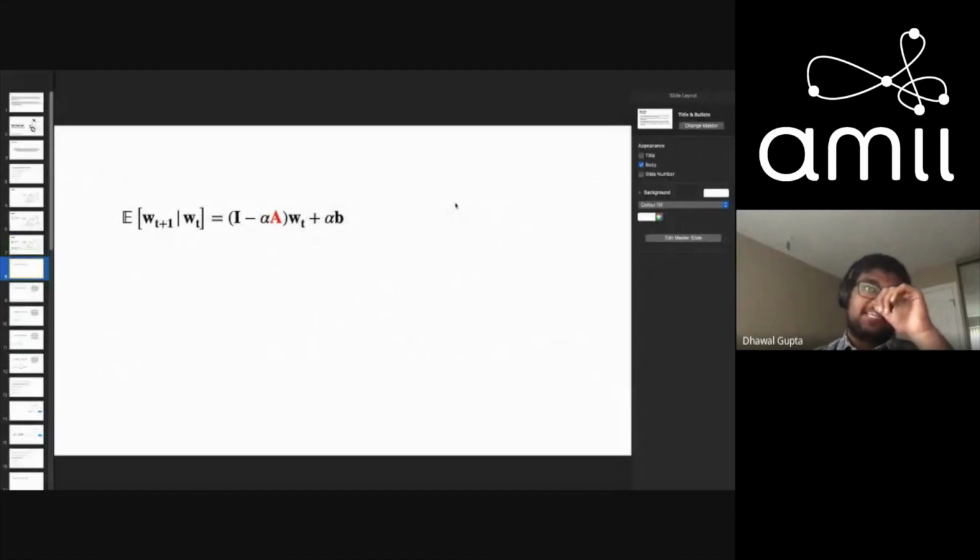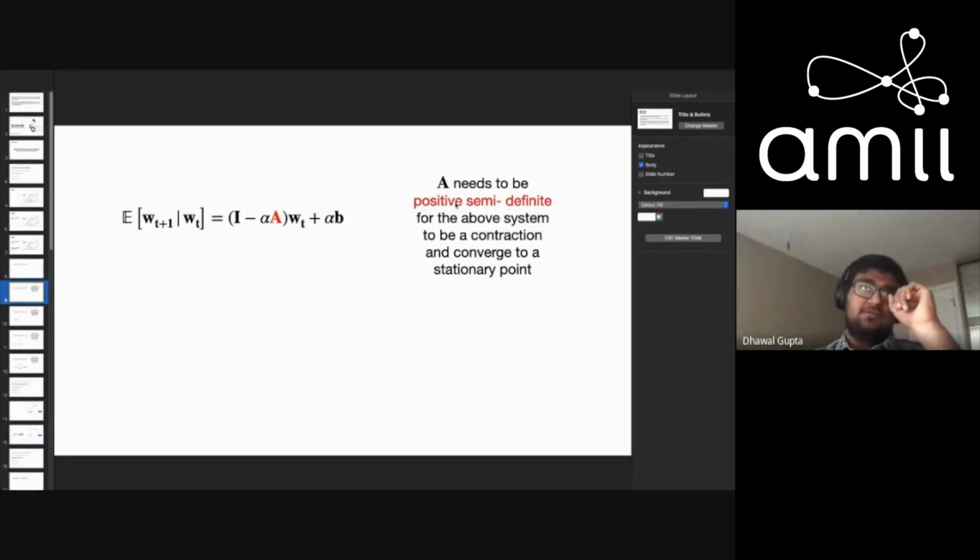The expected form of the TD(0) update looks something like this, where for the convergence of TD(0), we want this system to have all the eigenvalues less than one. For that, we normally require the A matrix to be positive semi-definite. The A matrix depends upon the feature representation, the behavior policy of a system, and the target policy of a system.